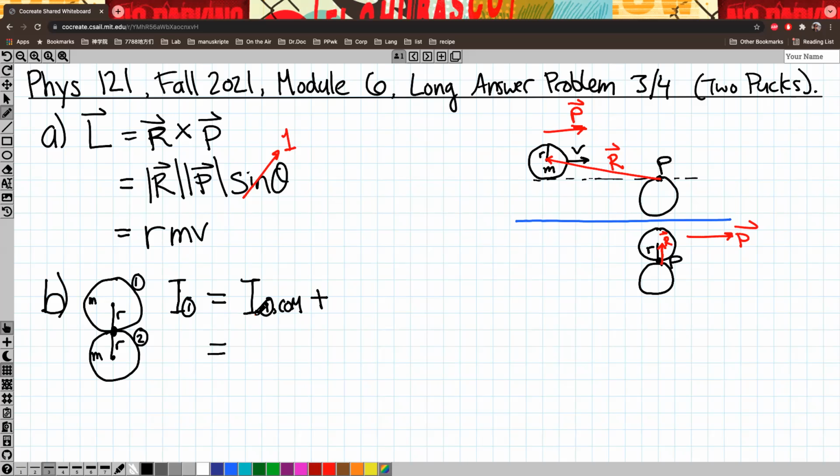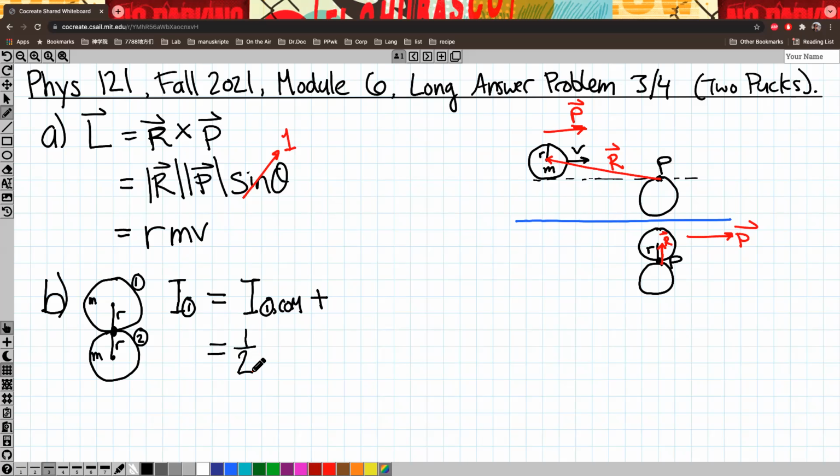Yeah, so the moment of inertia of puck one around its own center of mass, what is that? It's the center of its mass. So that would be, and you said it's half, right? There is a half in the formula for it.